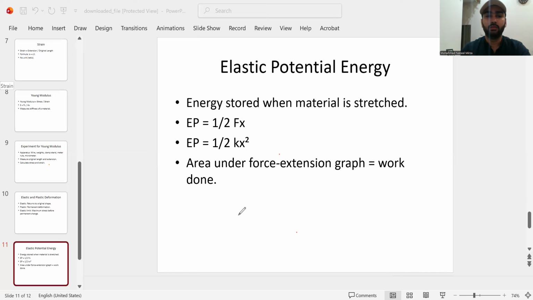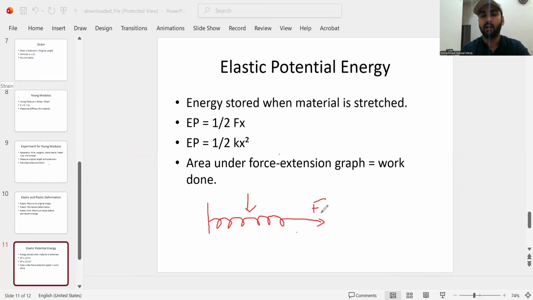In previous, I told you that suppose we take a spring. I stretch the spring with enough force. All this force with which I stretch the material is stored in it. Now its potential energy is increased.